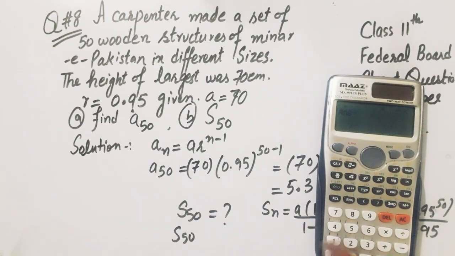Divide this by 1 minus 0.95, which is 0.05. So our answer is 1292.277. So this is the answer.